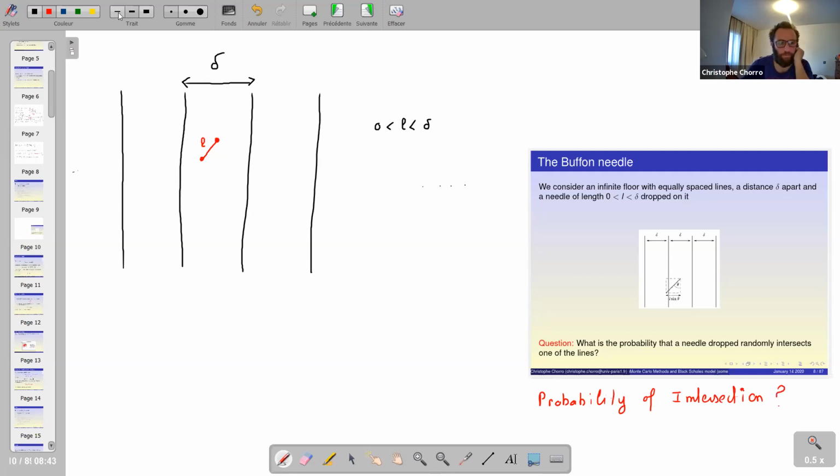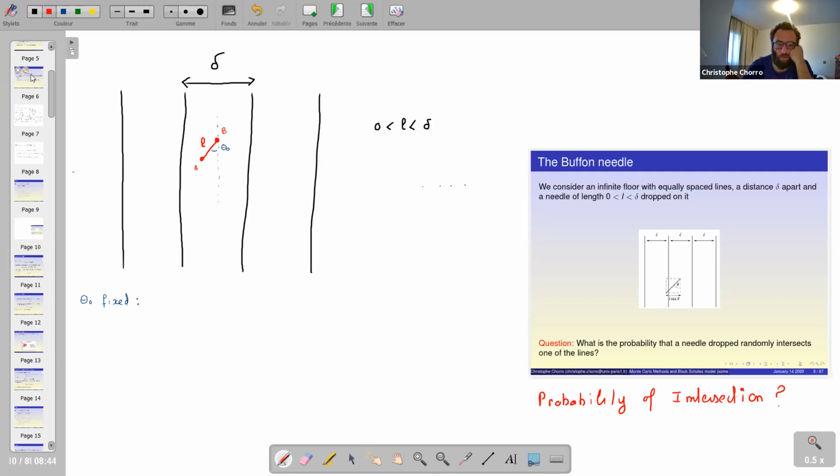I consider here this angle that is theta 0, and we are going to compute the probability of the intersection in the case where theta 0 is supposed to be fixed. This angle is supposed to be fixed. So I will give a name to the extremity of the length. I will have AB.